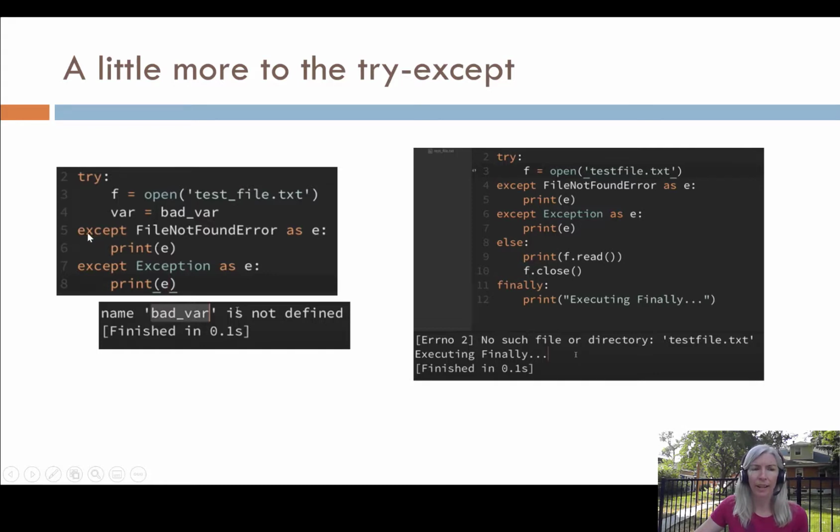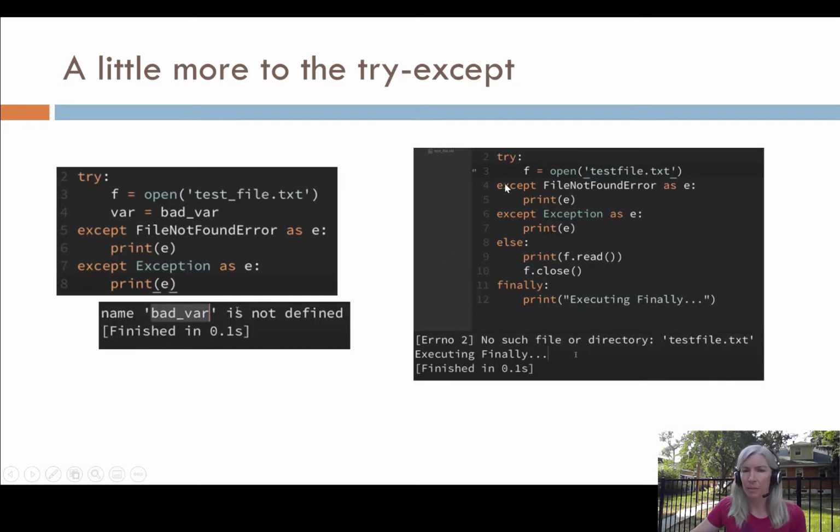So we can raise a specific exception, and this is a Python error, file not found error. So raise an exception as a variable. This is like defining it as a variable, and then we're printing that variable. This is just a way to get a standard error printed out a little bit nicer rather than a big block of red text. And then here, if something else goes wrong, if some other generic exception happens, then print that one instead.